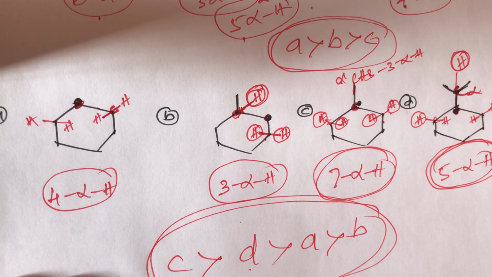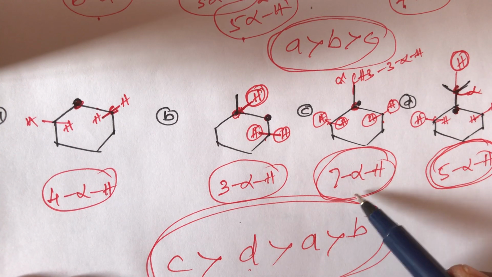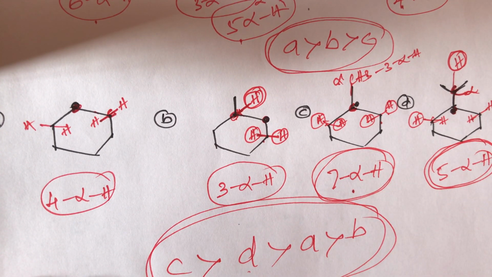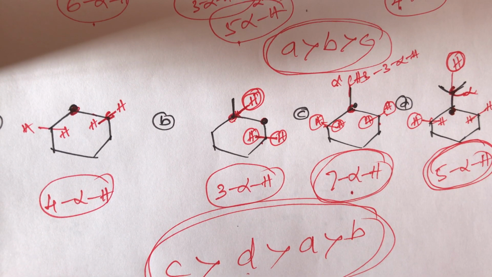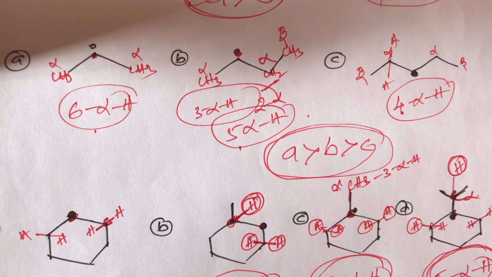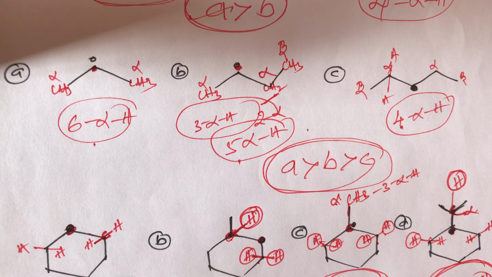C is the most stable because 7 alpha hydrogens are present. This is the stability order of free radicals, and it is an application of hyperconjugation, students. The stability order of free radicals is directly proportional to the number of alpha hydrogens, students.